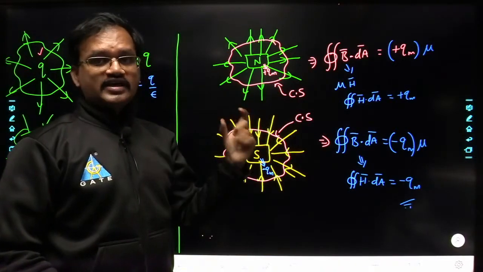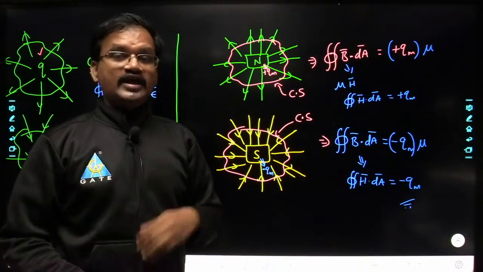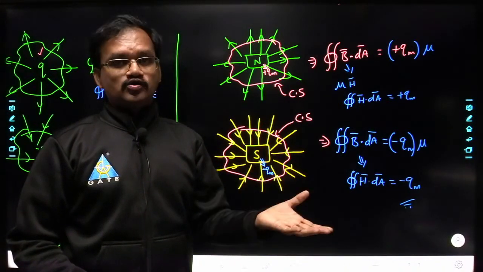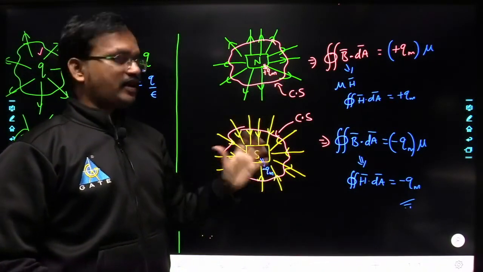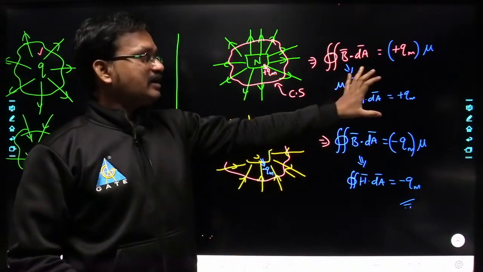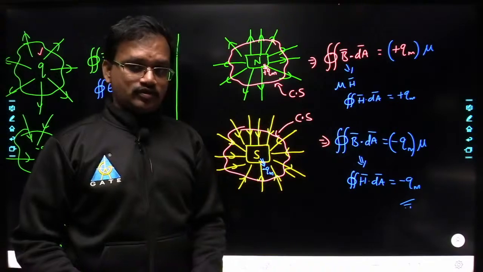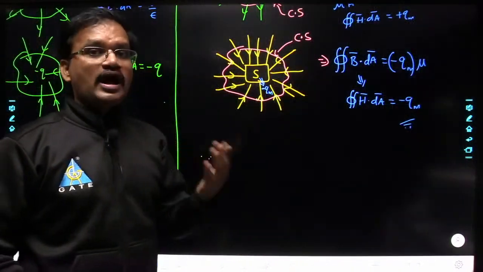They will always exist as a dipole. Yes or no? If we are having any magnetic monopoles, or free magnetic charges like plus QM and minus QM, in that case the magnetic flux that is leaving the closed surface would have been not equal to 0. Understood? But in general we don't have that situation.